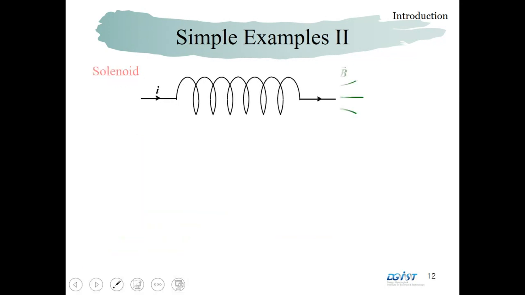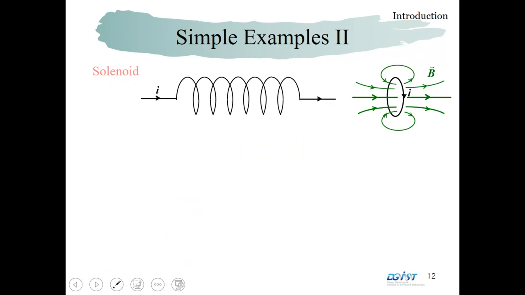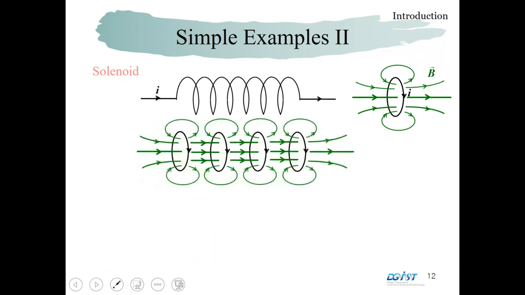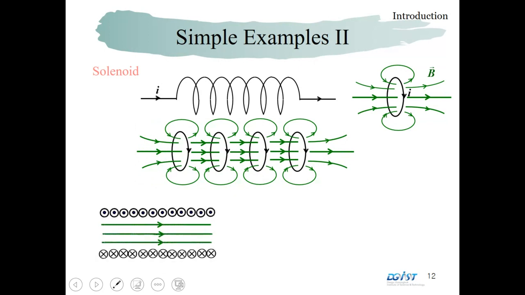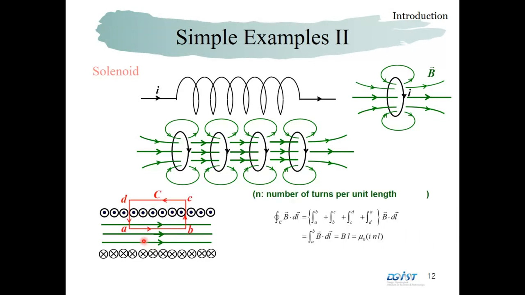And if you have a solenoid, which is a very widely used circuit element in many applications, by the assumption of a well-packed combination of rings, we assume the magnetic field exists only inside the solenoid. If we take Ampere's law, we can easily obtain the relation between the magnetic field, the running current, and the number of turns per unit length.